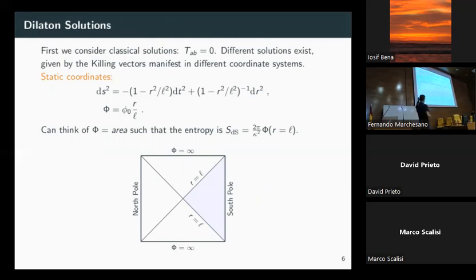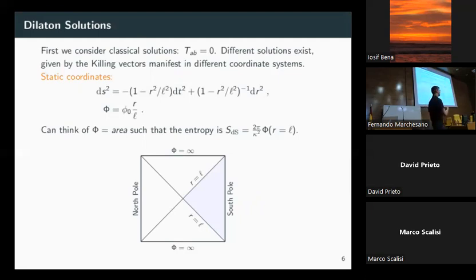Then we can look at different solutions to these equations of motion. They're typically parameterized by the different Killing vectors that are manifest in the different coordinate systems that you can cover de Sitter space with. We are interested in using static coordinates, so here we have the static line element. One solution that you can get is just the dilaton being proportional to the radial coordinate.